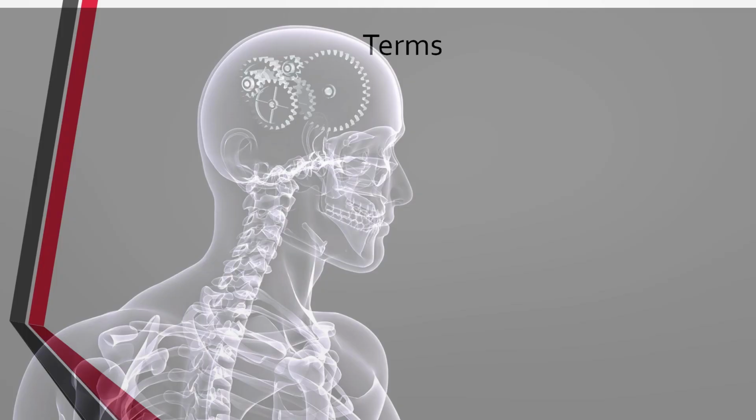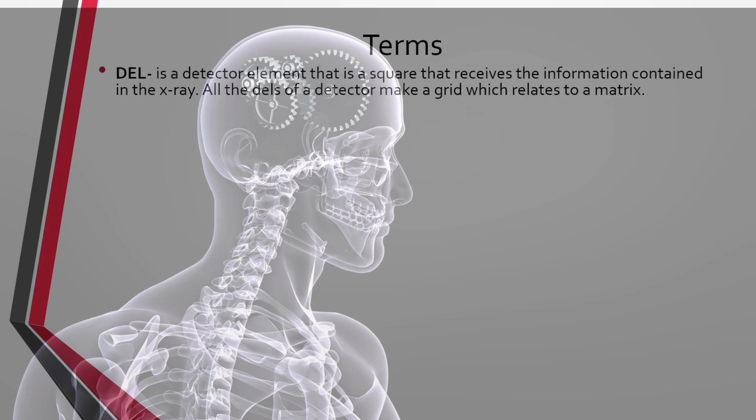We'll go ahead and introduce some terms that will be used during our lesson on DR. The first one is DEL. The DEL is a detector element that is a square that receives the information contained in the X-ray. All the DELs of the detector make a grid which relates to a matrix.